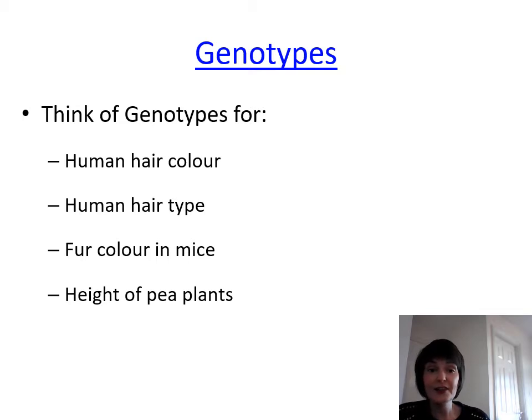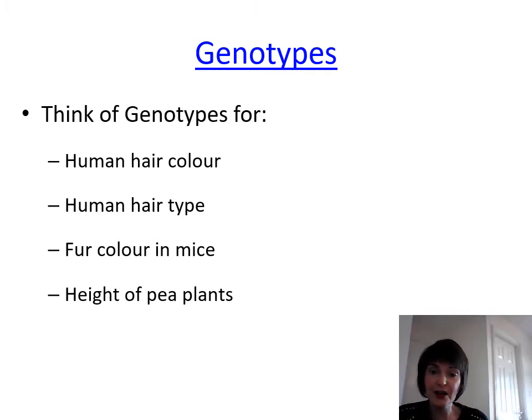So again, thinking about human hair colour, if we were to take the example of brown hair, that would be the phenotype because you're describing the physical appearance of a particular inherited characteristic. But the genotype would be written in letters.